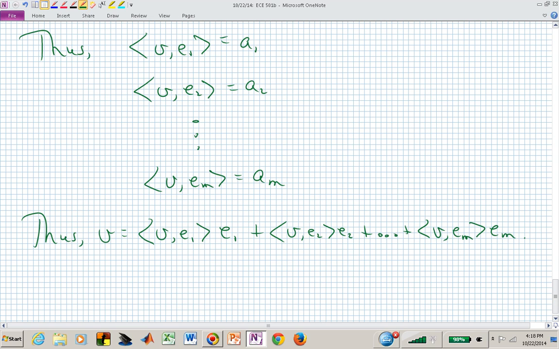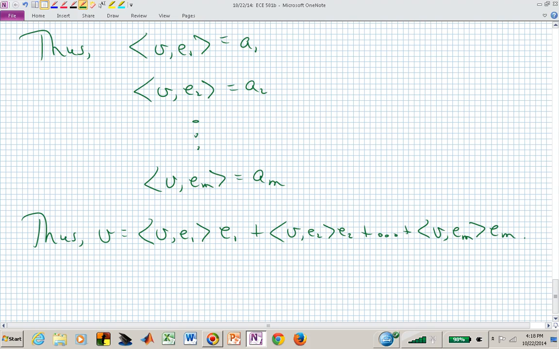I was just writing it out so that we clearly see it and don't get confused by the summation notation. But you could collapse this down and say, okay, let's take the sum of these inner products, V with E sub L, sum over L equal 1 to M, and multiply each of those inner products with E sub L. And that would be fine. Is that what you were asking?